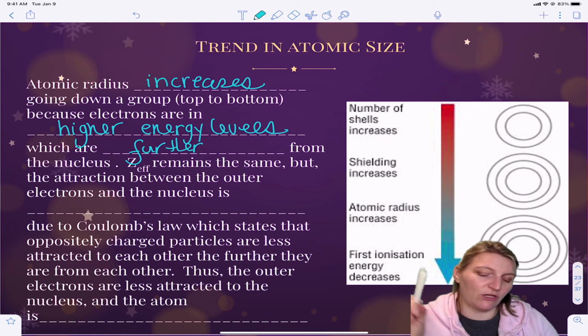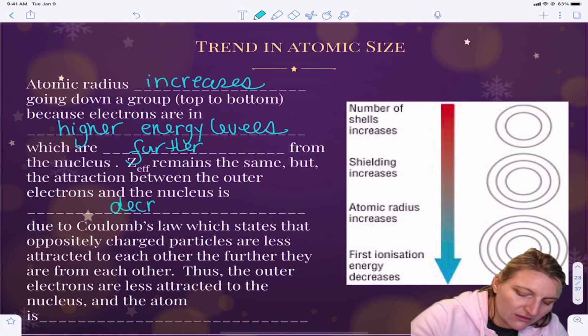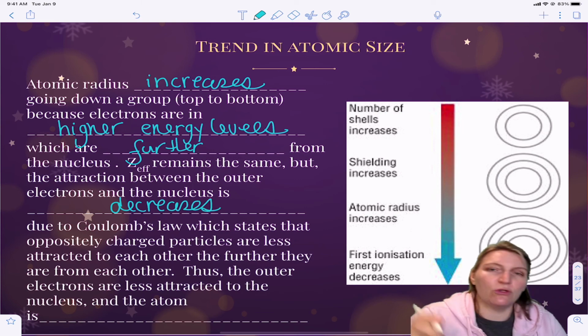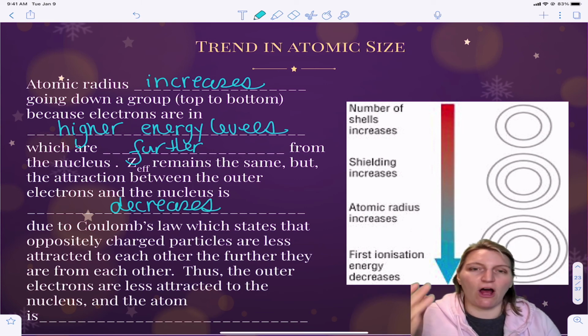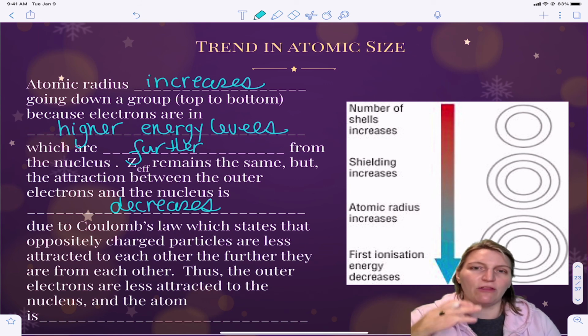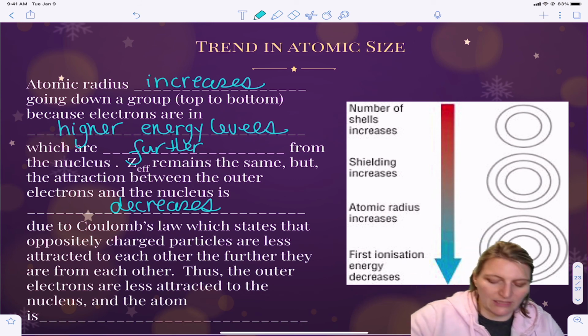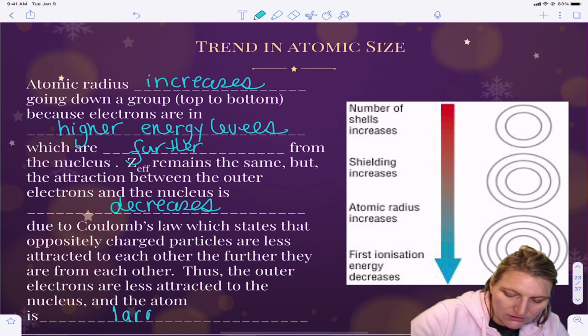But the attraction between the outer electron and the nucleus decreases due to Coulomb's law, which states that oppositely charged particles are less attracted to each other the further they are from each other. Thus, the outer electrons are less attracted to the nucleus, and the atom is larger.